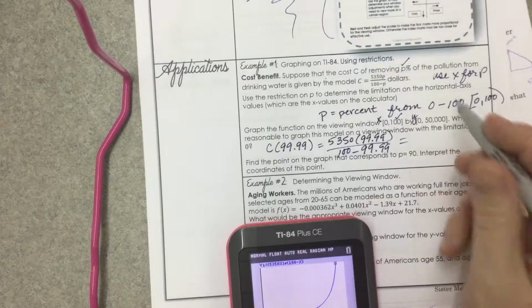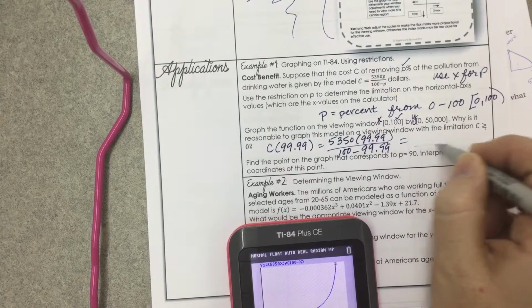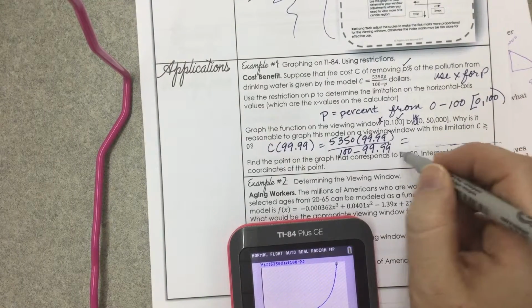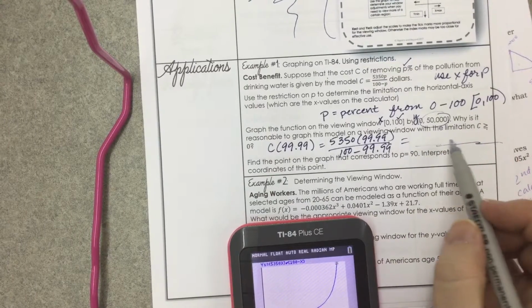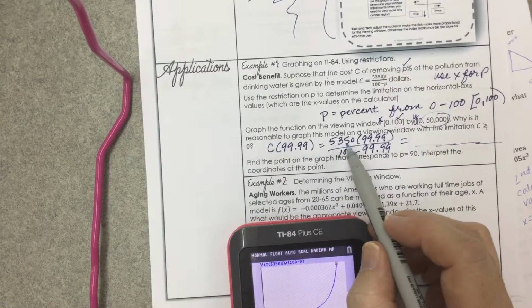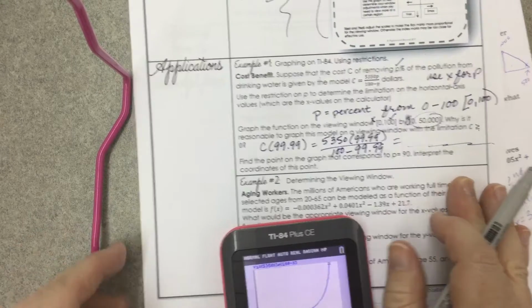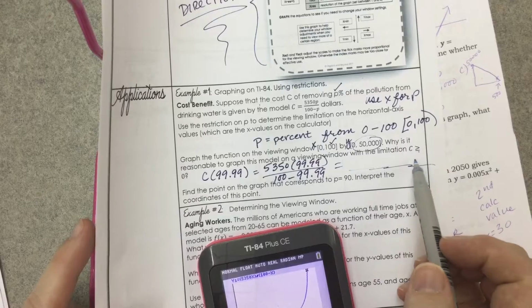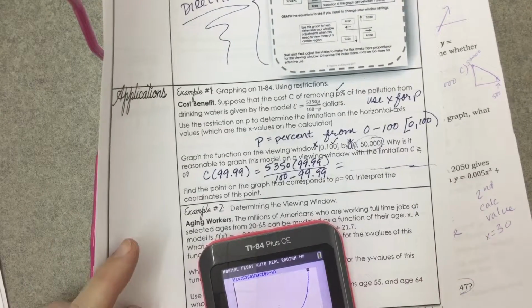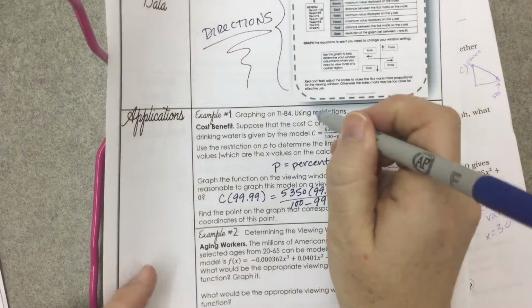All right, so this is a really big number. We came down a little bit so that we would be able to see the whole graph. Now, why is it reasonable to graph the model on a window with the limitation of C being greater than or equal to 0? Well, what is C? C is cost, right?